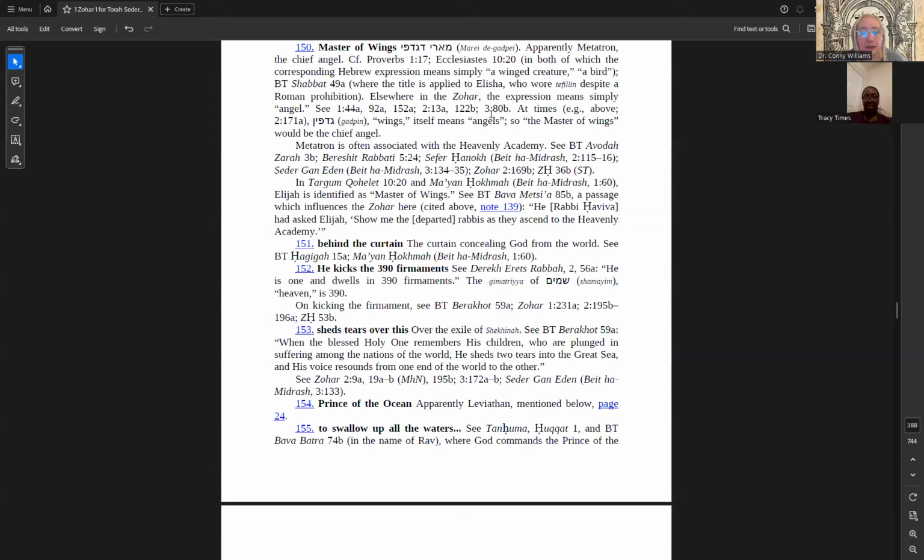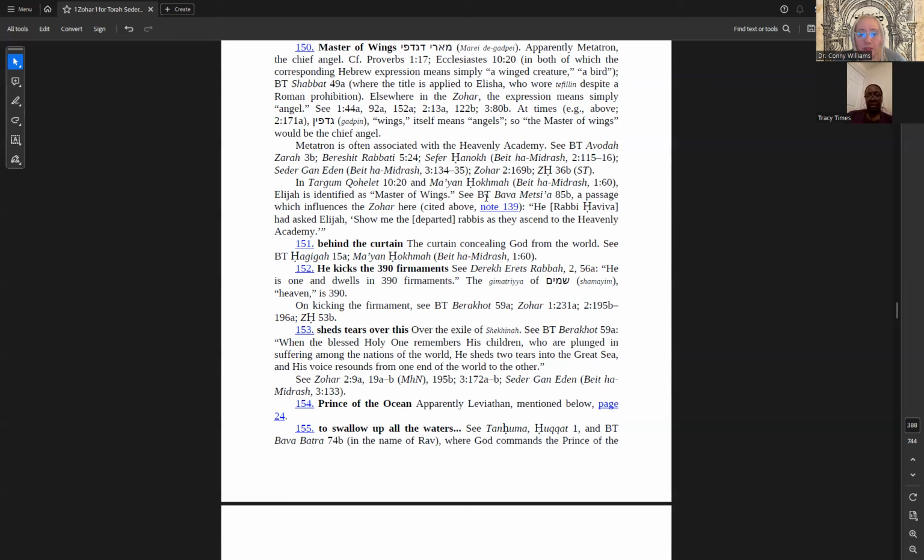At times, wings itself can also mean angels. So the master of wings would be the chief angels. And Metatron, of course, is often associated with the heavenly academy. A little bit further down in the Targum Kohelet, Elijah is identified as master of wings.